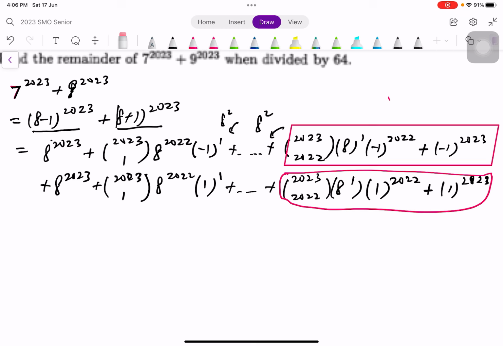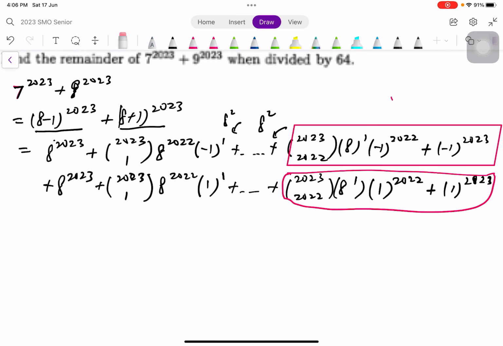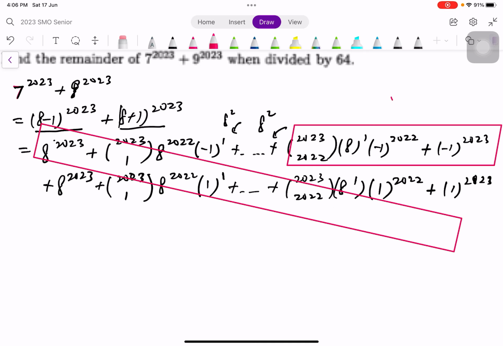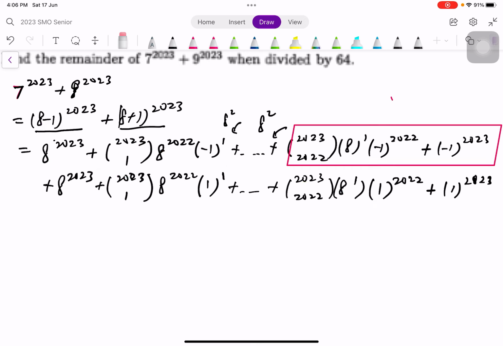Then in this case, can you see that when you add up this expression and this expression, okay, then can you see that this part here, your minus 1 and positive 1 will cancel.